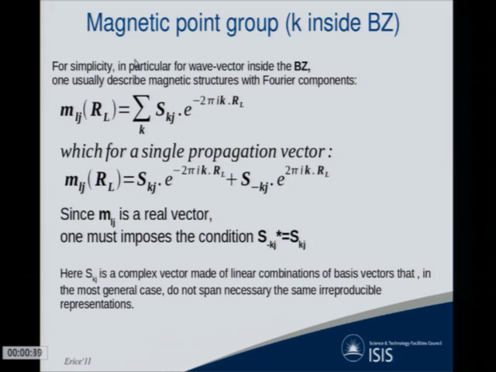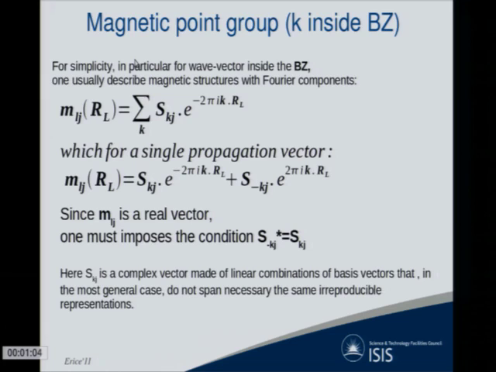And one important condition, if you have a single wave vector, which is, I have to say, most of the time true, is that because the M quantity is a real vector, you need to impose this particular condition, of course, that the Fourier component of vector k is the complex conjugate of the one for minus k. So essentially, for a single k vector, you will describe it like that.